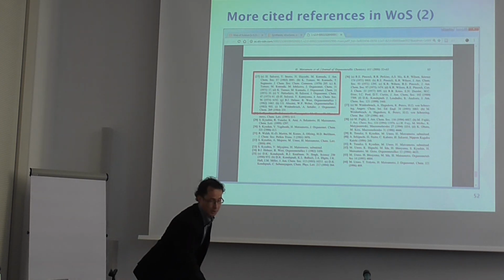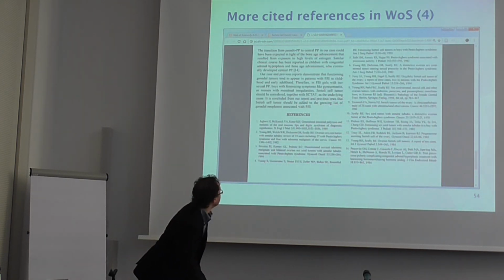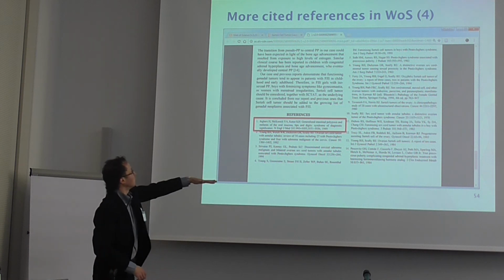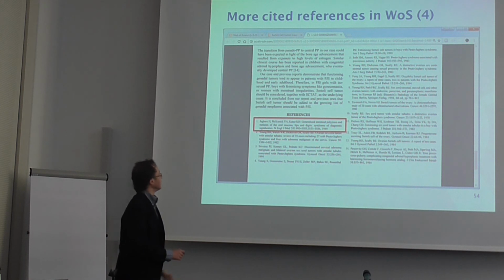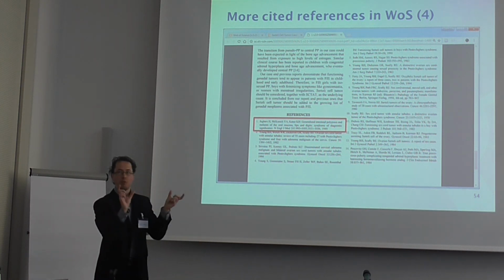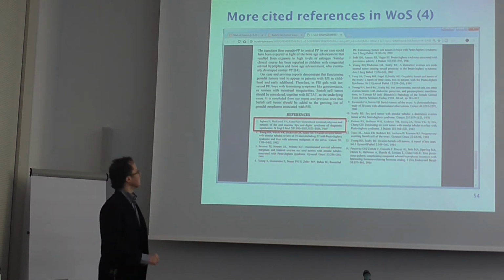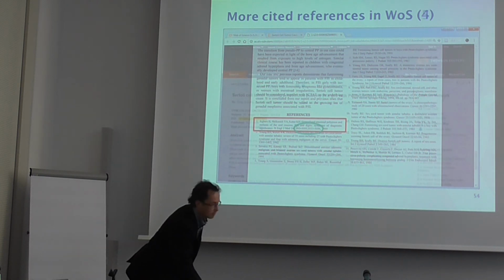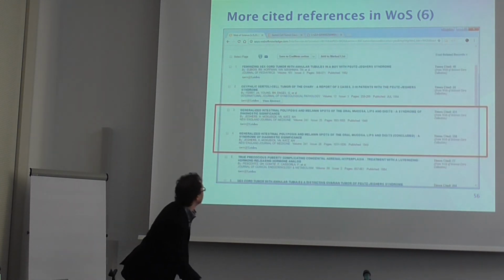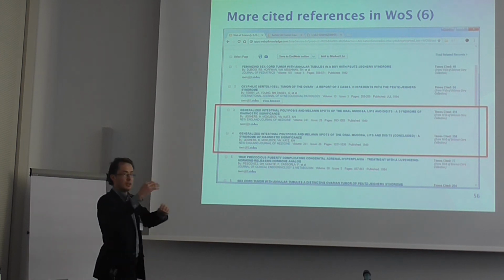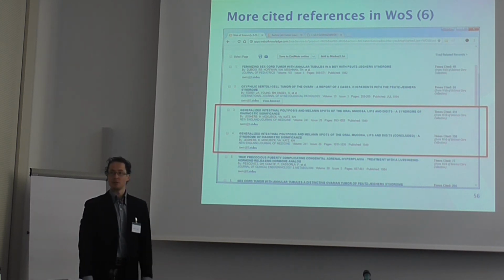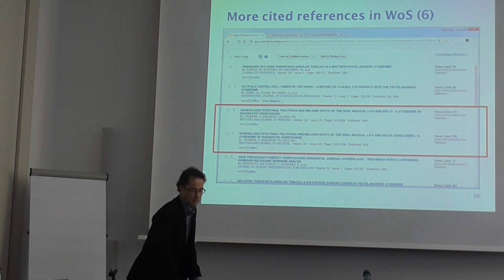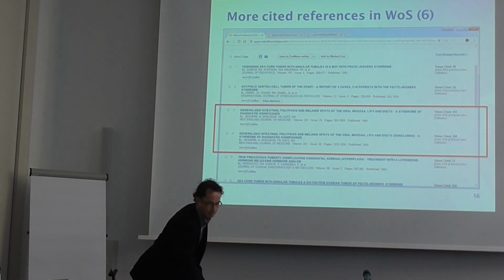That was quite impressive to see. Another example, it's just a normal reference list, but in the first reference we see 2 series of page numbers. And in Web of Science, you can see that they are correctly storing both cited references. So this was quite a surprise to us.